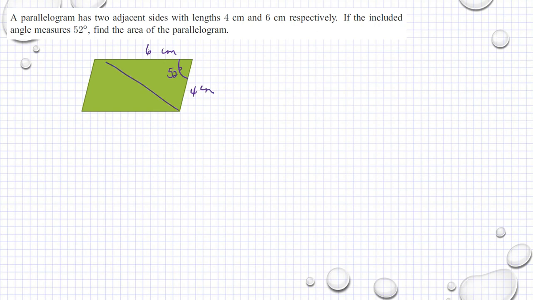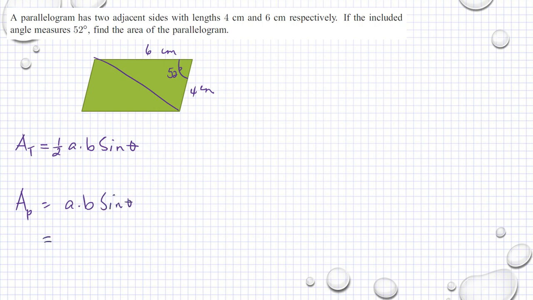So half of that is our triangle. The area of a triangle is equal to 1/2 A multiplied by B multiplied by sine theta. But we have now a parallelogram, that is double the triangle. Then the area of a parallelogram is A multiplied by B multiplied by sine theta.